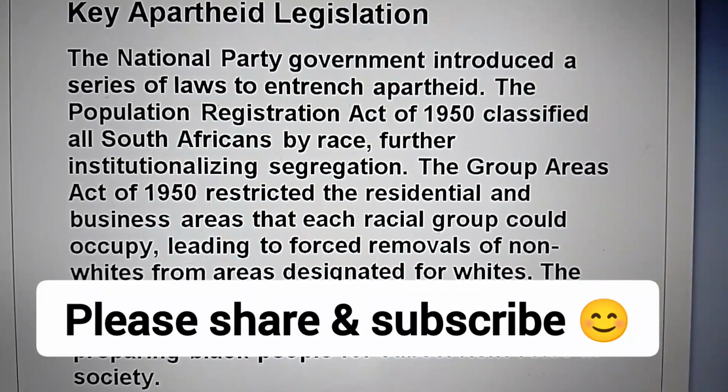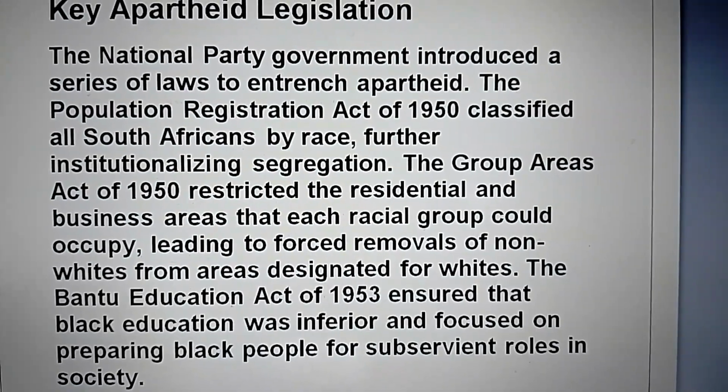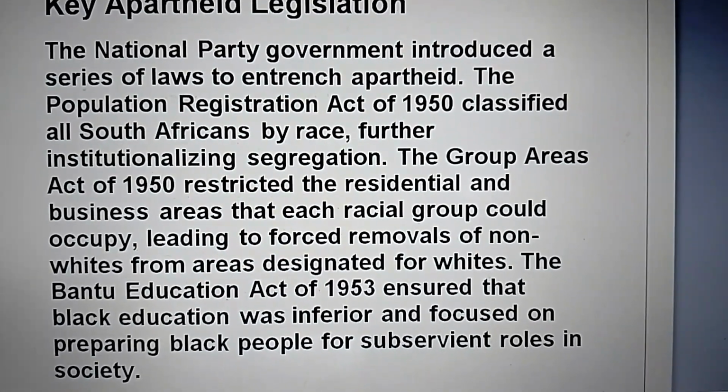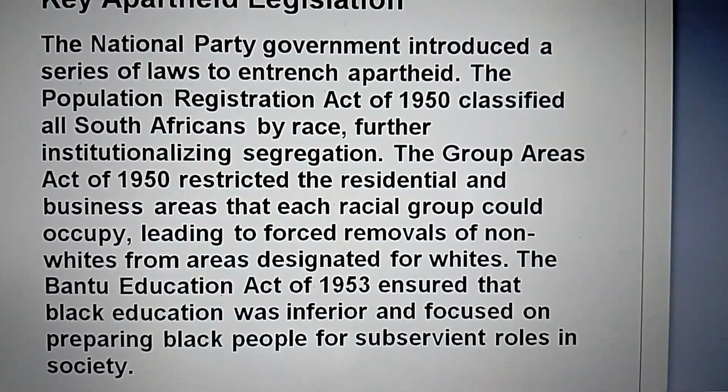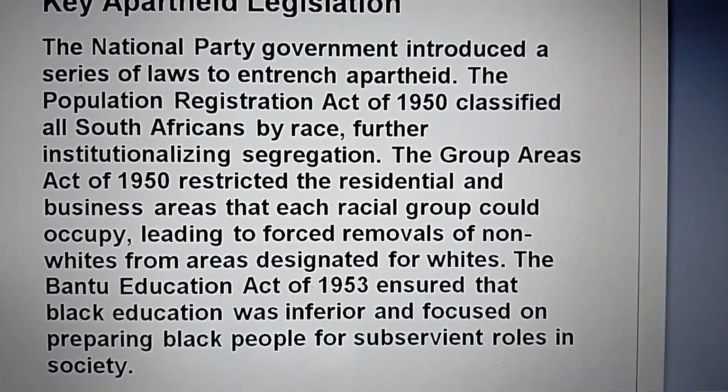Key apartheid legislation. The National Party government introduced a series of laws to entrench apartheid. The Population Registration Act of 1950 classified all South Africans by race, further institutionalizing segregation.